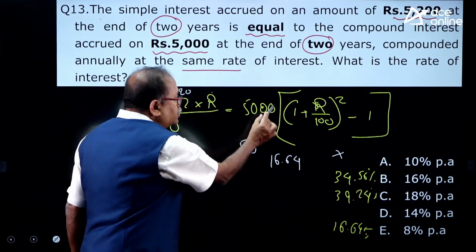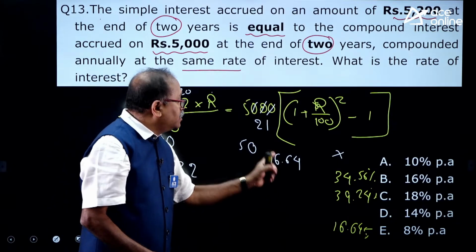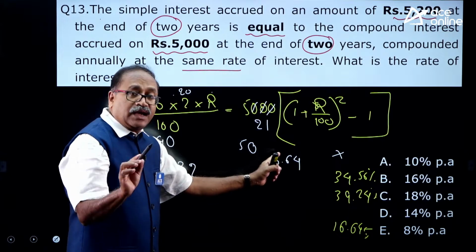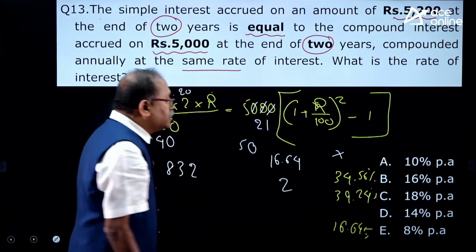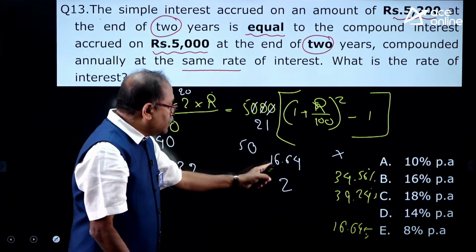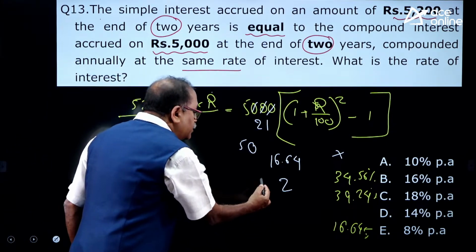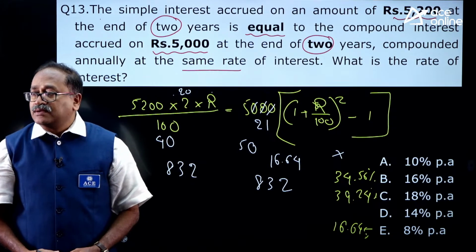So here 3 zeros get cancelled, one more 0 has to be cancelled. So 5 4 is 20, that 0 will go on, and then I am left with 2. So 5 6 is 30 plus 2 is 32, carry 3, and 16 into 5, that's 80, plus 3 is 83. That means left hand side is equal to right hand side.